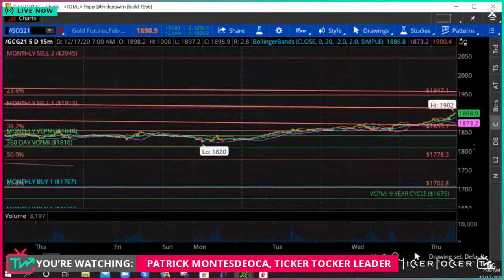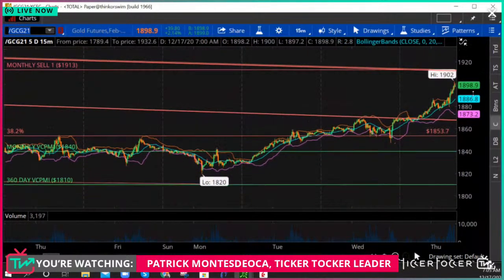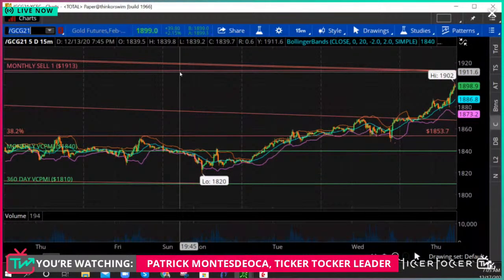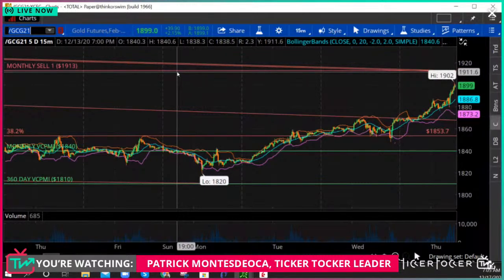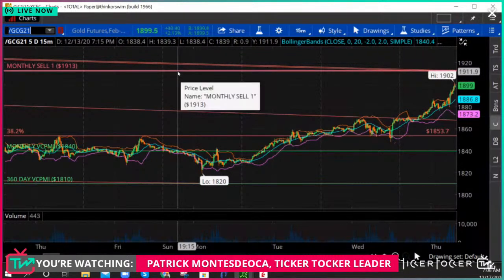The first thing we want to see, obviously, is what the market does when it gets up to 1913, or what it does upon completion of those expected targets.